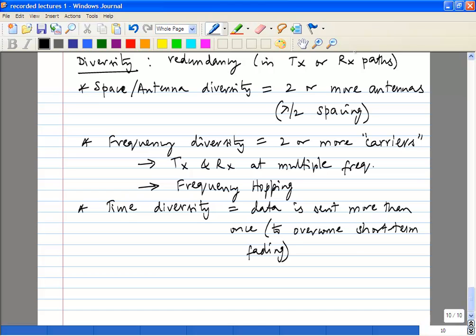For example, you could have a moving object, maybe a car, maybe a person walking through a room. It could be a number of things which could cause short-term fading. So if you send the data once more, you are sure to receive it the second or third time. So that is time diversity.